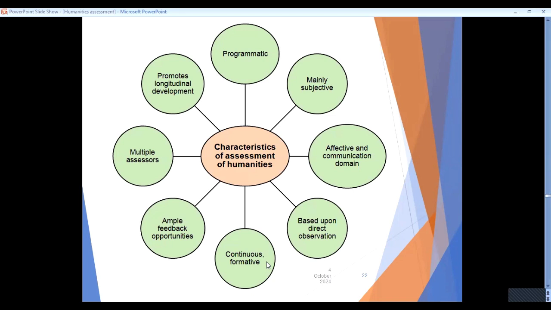So mainly they should be subjective, catering to the affective and communication domain based on direct observation. They should be continuous and formative. You should give ample feedback opportunities at every data point of programmatic assessment. Use multiple assessors, multiple times, multiple settings to increase validity and reliability. And the assessment method should be continuous and longitudinal.